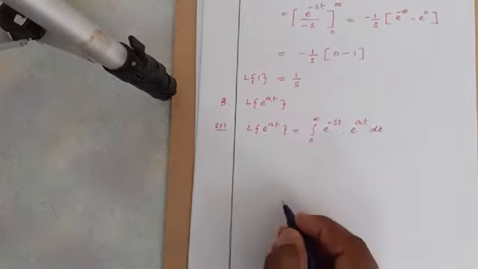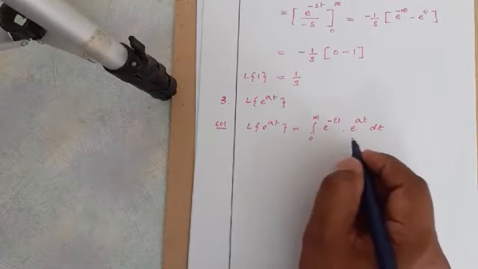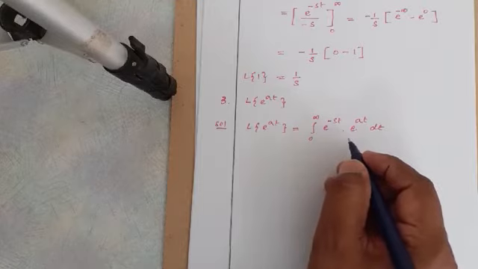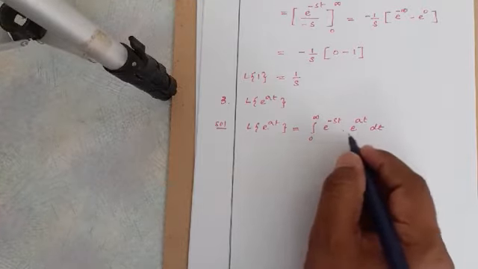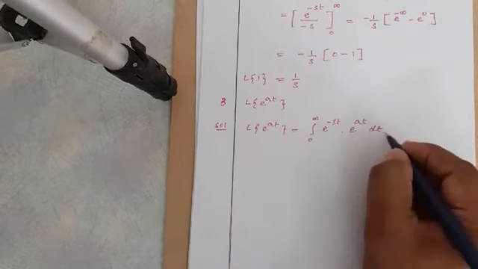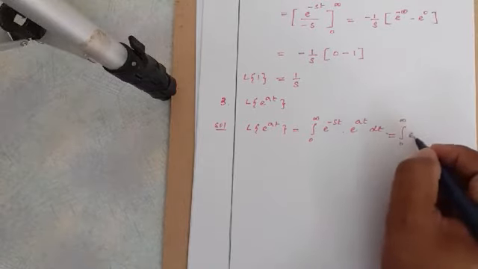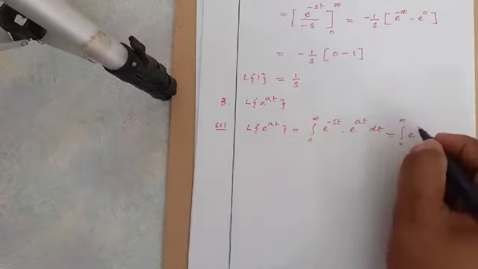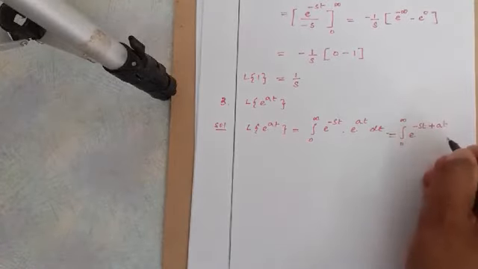Here you can see bases are the same. So when bases are the same, we have to add the powers. So when you add the powers, this is equal to integral 0 to infinity e power minus st plus at into dt.